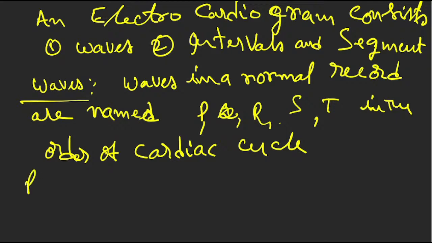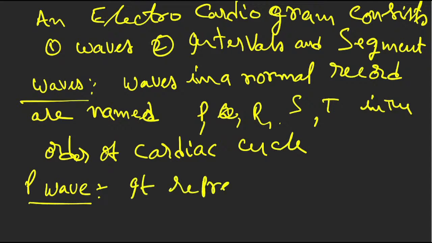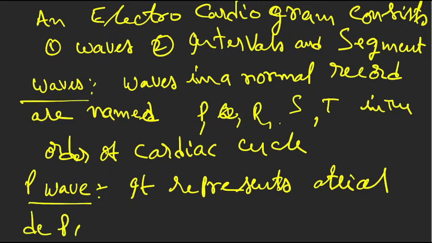First we can take the P wave. What is the P wave? P wave represents the atrial depolarization, or atrial systole.